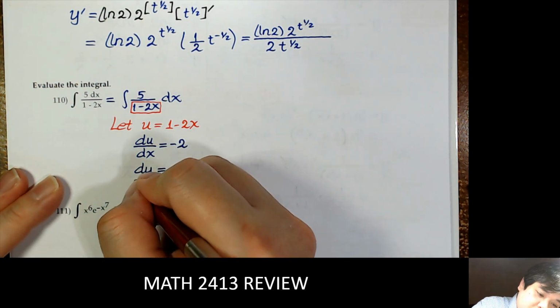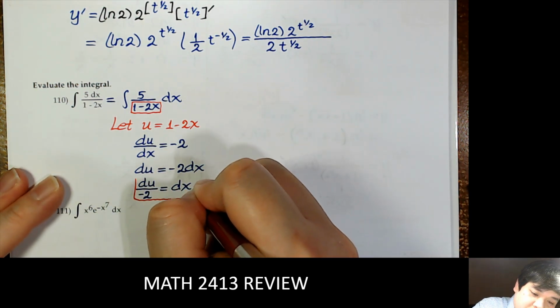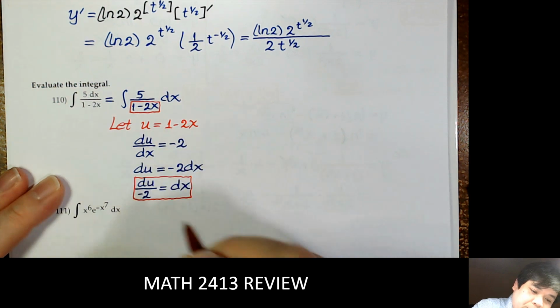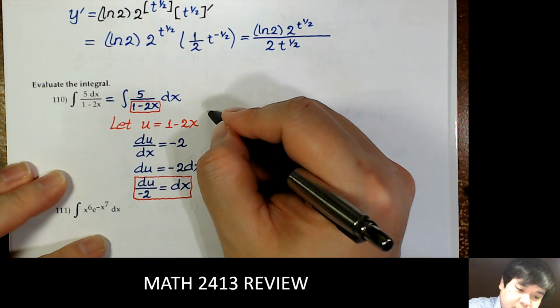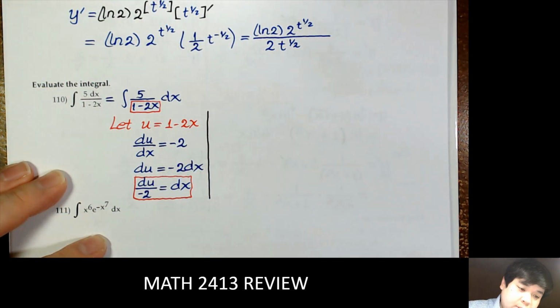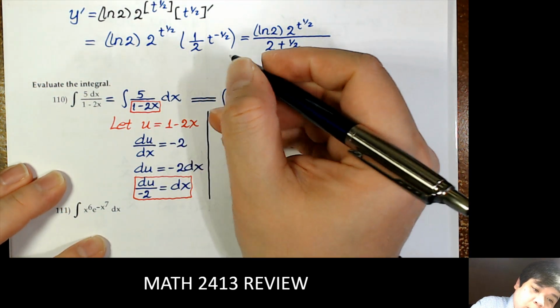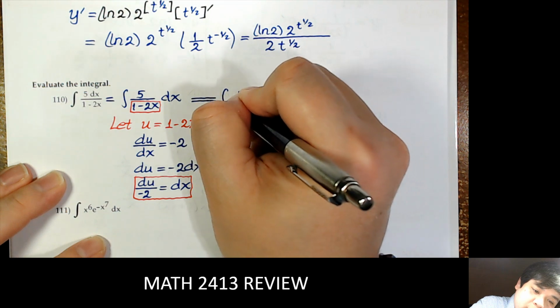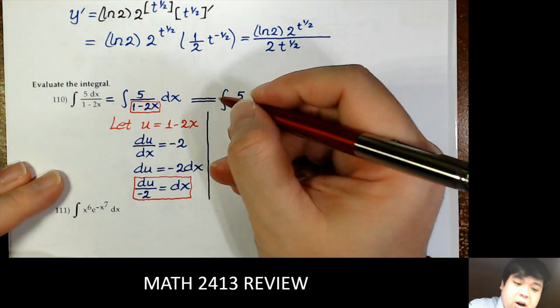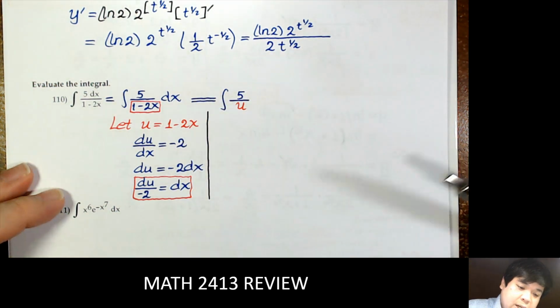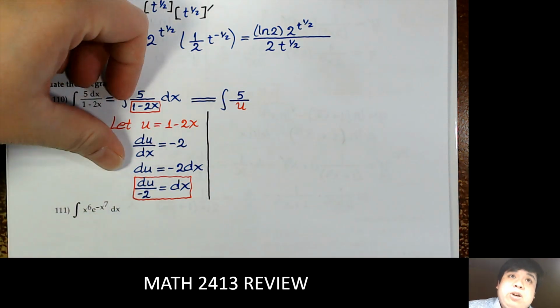So that's the standard substitution. So we have 5 on the top, u at the bottom. Dx is du over negative 2.